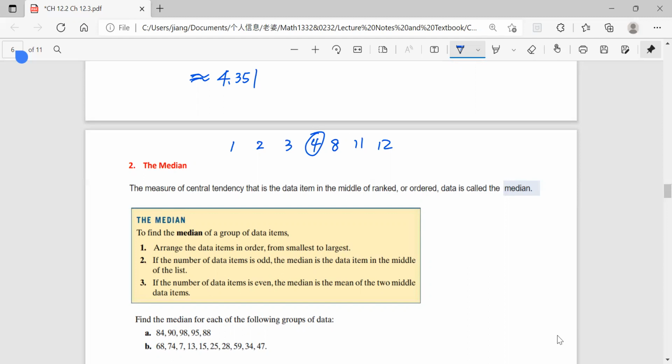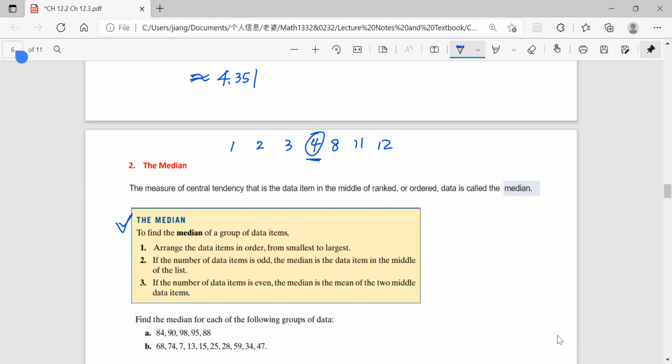So let's see how to find the median, because sometimes the items of data may be even or odd numbers. So can I use the same way to find the middle number? Okay, let's see. Find the median of a group of data items.